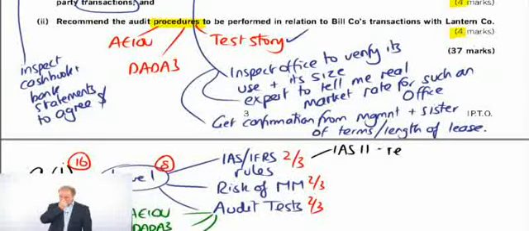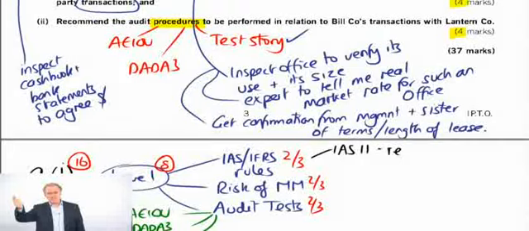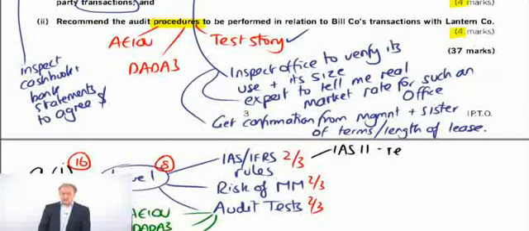Suppose you could say inspect the board minutes where this would have been agreed to see if they've agreed a particular length of lease, particular amount to be paid. Nothing really to observe, anything to recalculate, probably not. But it's only worth 4 marks, and I've got 4 tests. And there we go, 37 marks of fun. Done. Took a while, but we got there.